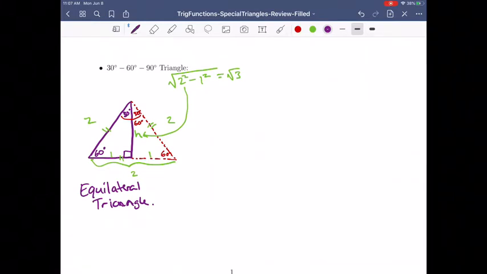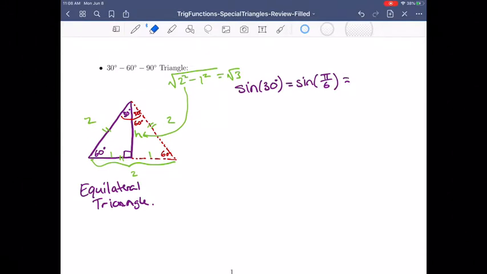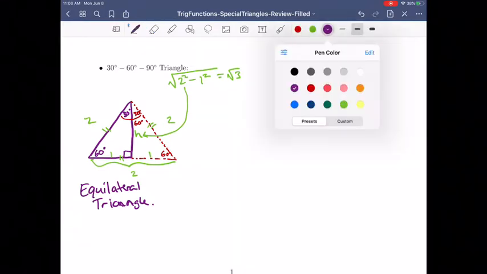If we're looking at 30 degrees, that's sine of pi by 6. Actually maybe I'll write these in a different color so you can tell a bit better. So let's use maybe pink here.